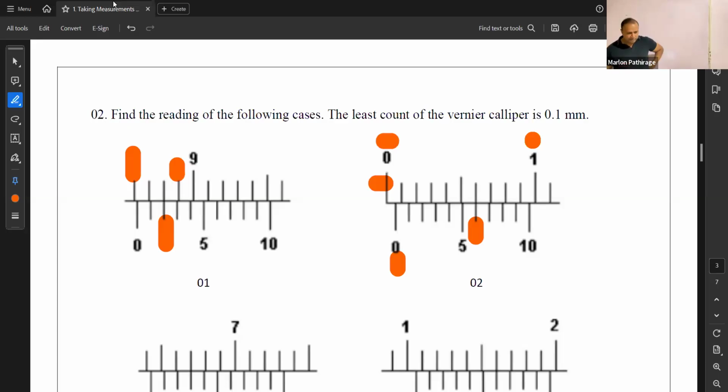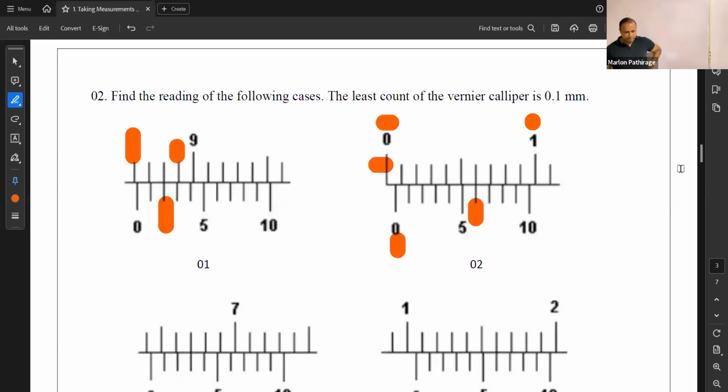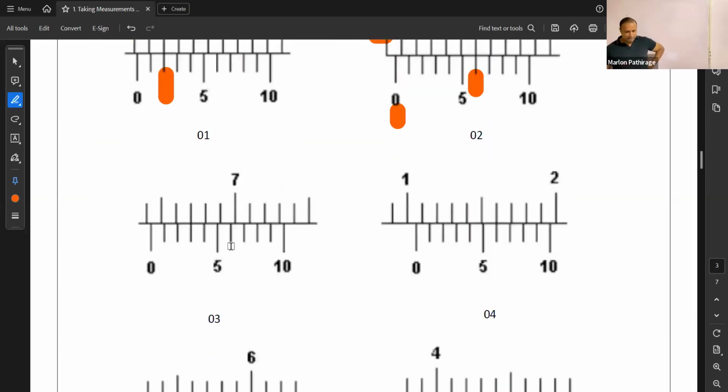Is there another? Yes, sir. Okay. Then the third one. Look at this one. If this one is 7, this one should be 65, so this one is 64.